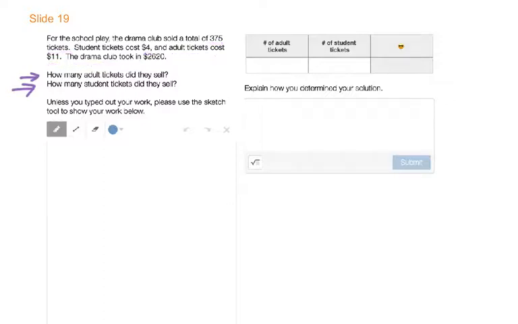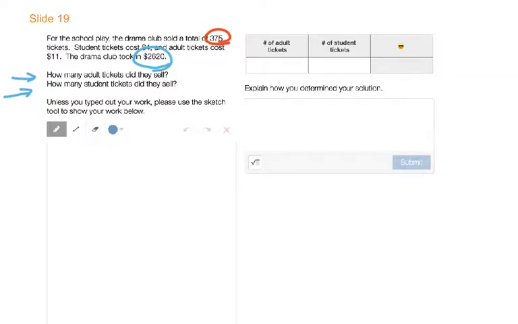Because we are talking about the drama club selling tickets, but we're given two different pieces of information. We're given that they sold a total of 375 tickets, and we're also told that they made $2,620. So, we need to assign the variable that represents adult tickets and the variable that represents student tickets.